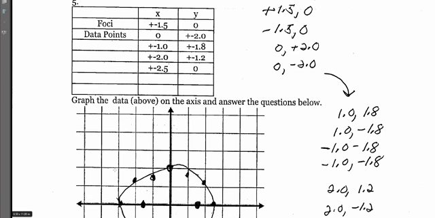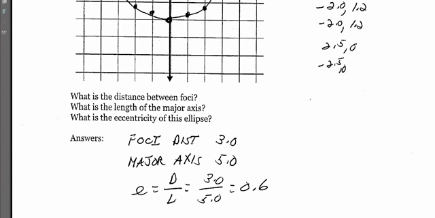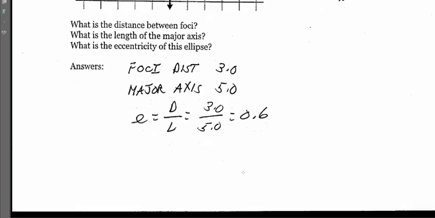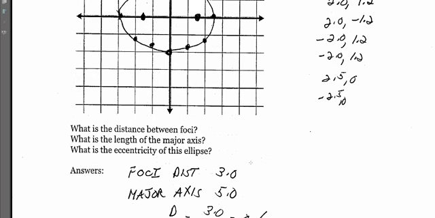So that's from 2.5 to -2.5, so that absolute value is going to be 5. And we know the eccentricity is the foci distance divided by the major axis distance. So 3 divided by 5 is 0.6. And again, that gets into Kepler's first and second laws of planetary motion and also the eccentricity activity you did.